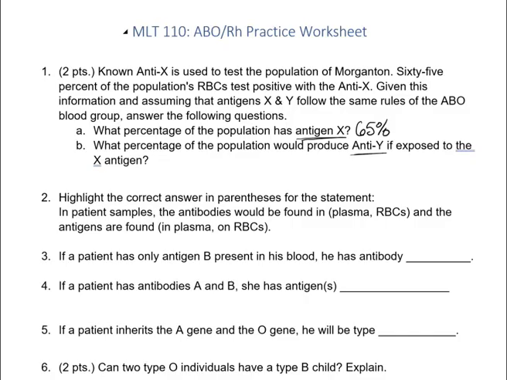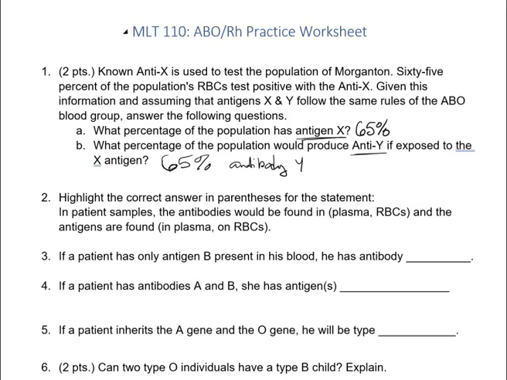They would have to have antibody Y already. So 65% of the population would already have antibody Y naturally. To sum it up, 65% of the population would have X antigens on their red blood cells, and that same 65% would have antibody Y in their plasma.